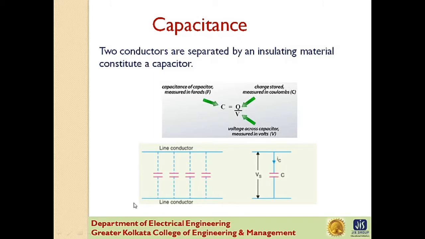Two line conductors are separated by air, which means they are separated by an insulating medium. So this forms a capacitance. The capacitance is uniformly distributed along the whole length of the line and may be regarded as a uniform series of capacitors connected between the conductors.